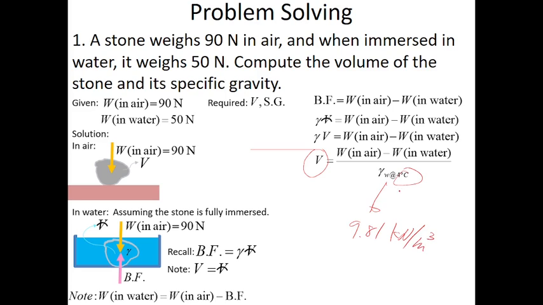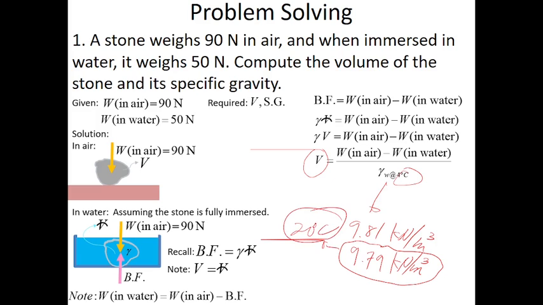There are times when it is 9.79. If the temperature increases, it may reach 9.79. Usually, if I'm not mistaken, water at 20 degrees Celsius has a specific weight of 9.79 kilonewtons per cubic meter.